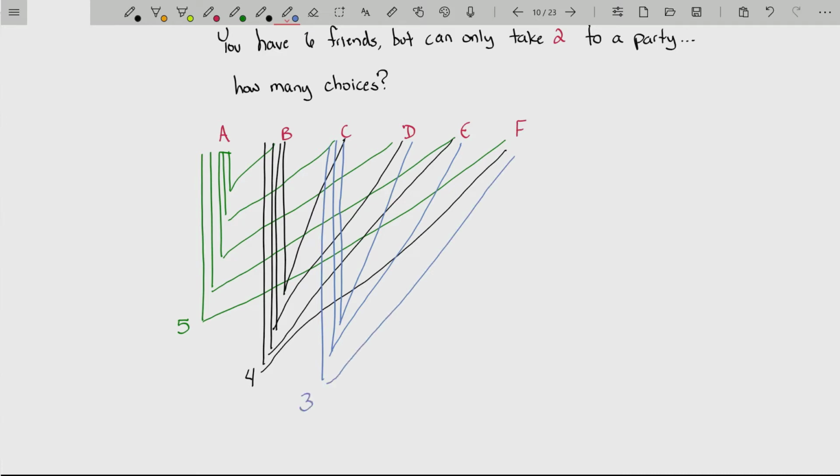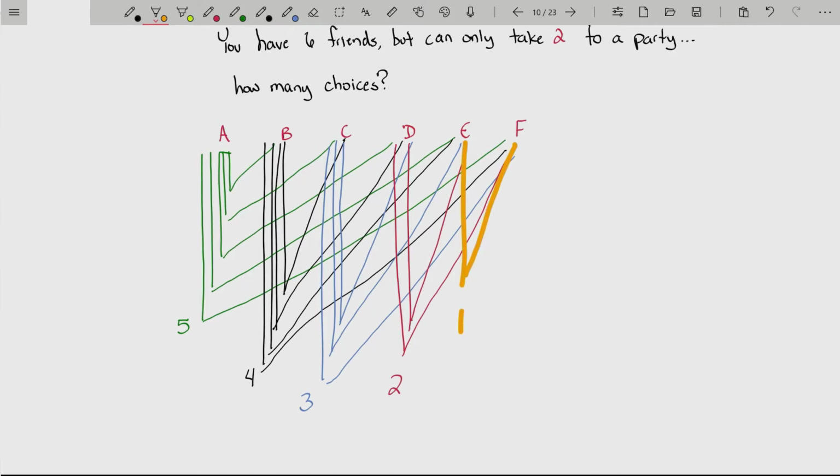Notice I didn't say what about C and B, because C and B have already been taken care of in the black ink. Now let's talk about person D. D and E, or D and F. 2 choices there. And then finally, person E, you can take E and F. That's pretty much it. So 1 choice there.